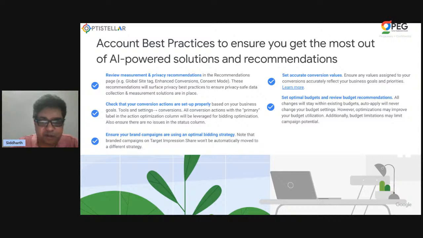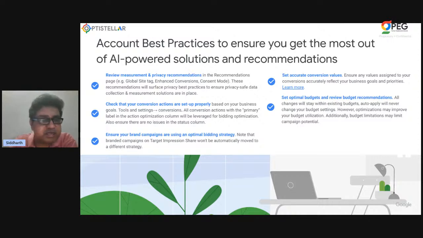It is really important for you to understand this, that once you are into a target impression share brand strategy, for your brand campaigns, you will not be automatically moved into a separate or a different bidding strategy.